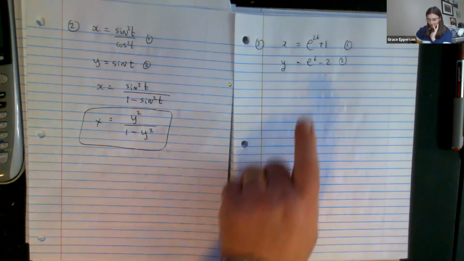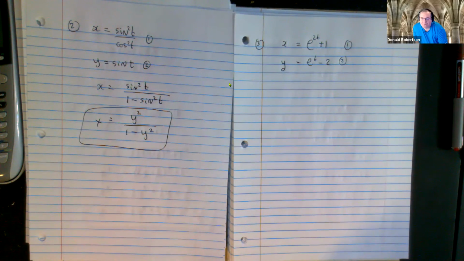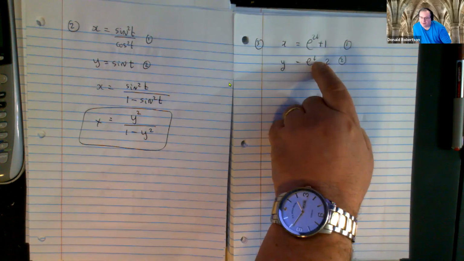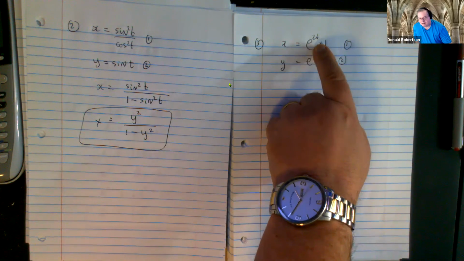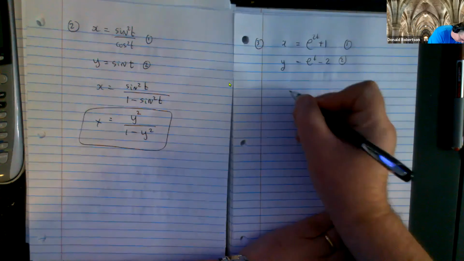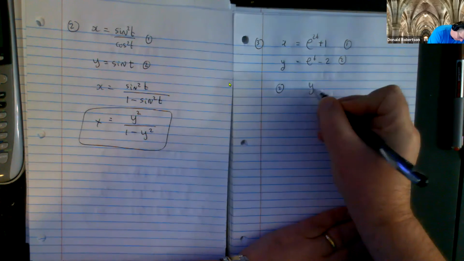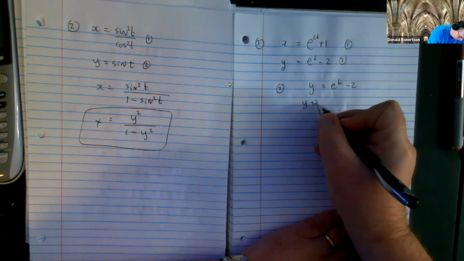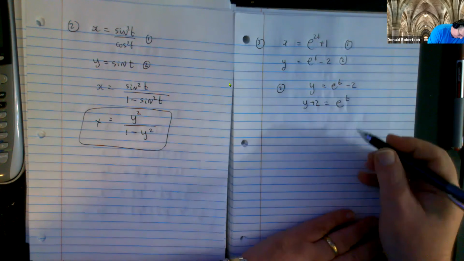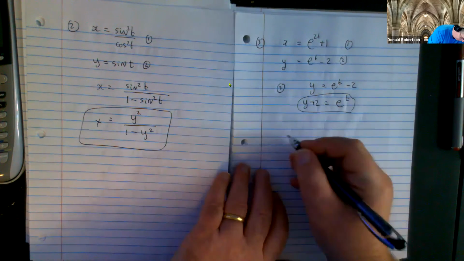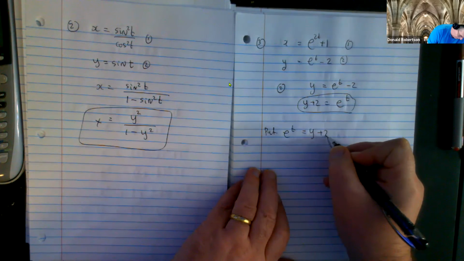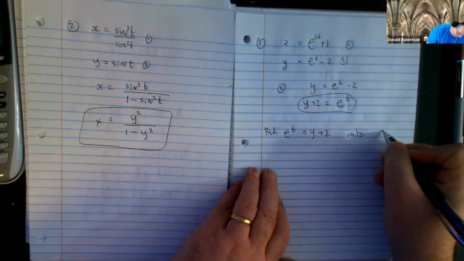Okay. Last one. How are we going to tackle this one? Well, I'm looking at them and I'm saying, okay, they have e to the t's in them. That's good. But that has 2t. That's bad. But I can take equation 2, which is this fella, and I can add 2 to both sides, which gives me that guy. And then I'm going to put e to the t equals y plus 2 into equation 1.